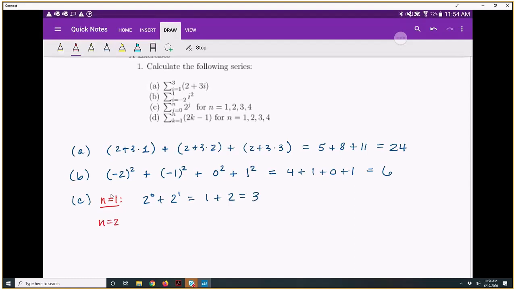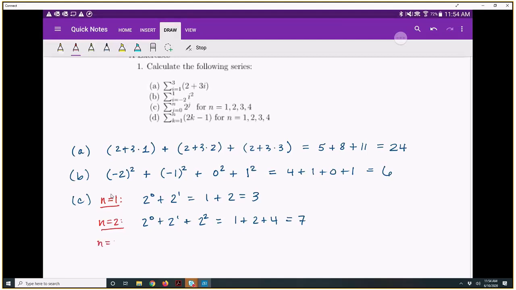If my terminal index is 2, then my sum will be 2 to the 0 plus 2 to the 1 plus 2 to the second power, or 2 squared, which is 1 plus 2 plus 4, and that's 7.